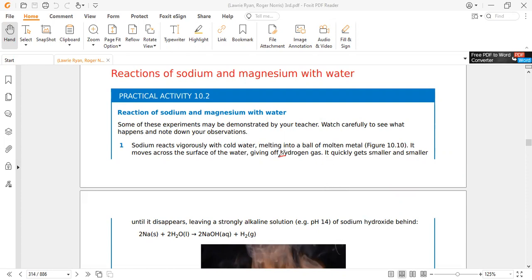It gives off hydrogen gas bubbles, and gets smaller and smaller because it is converted into sodium hydroxide, meaning the solution becomes strongly alkaline because of the presence of OH ions. Another observation is that it burns with a yellow flame on the surface of the water.